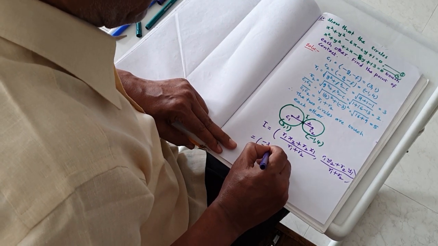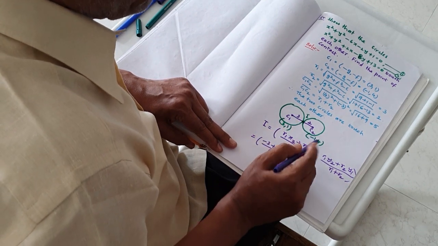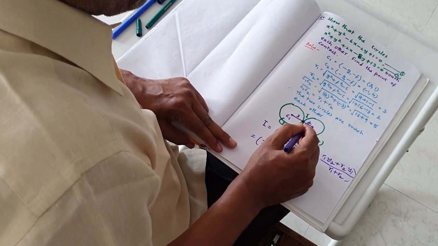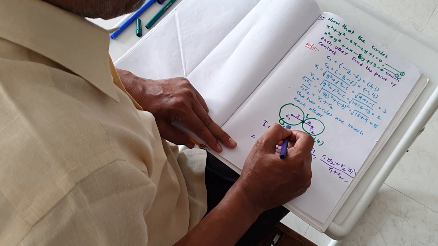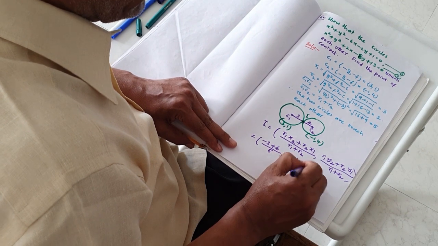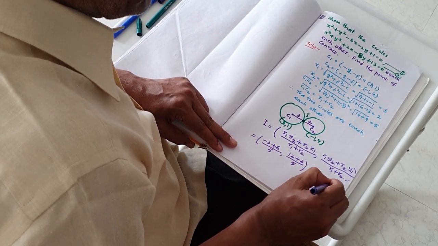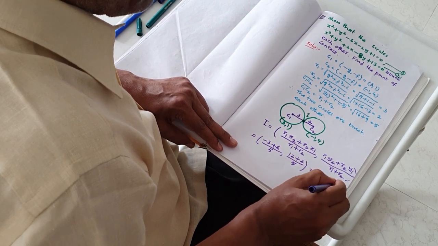And then R1 y2, 3 4s are 12 and R2 y1, 2 1s are 2 by 3 plus 2 is 5. This is nothing but 3 by 5 comma 14 by 5. This is the point of contact.